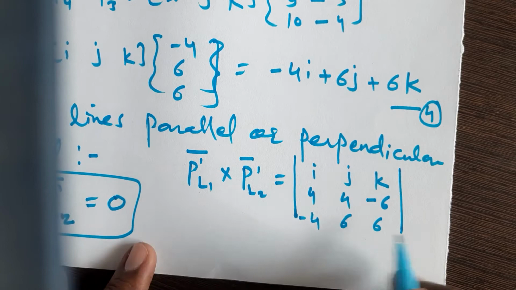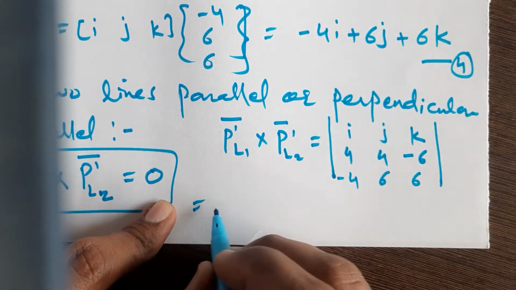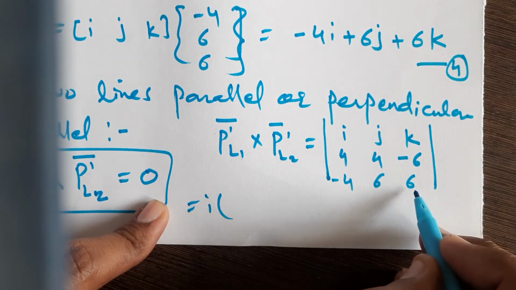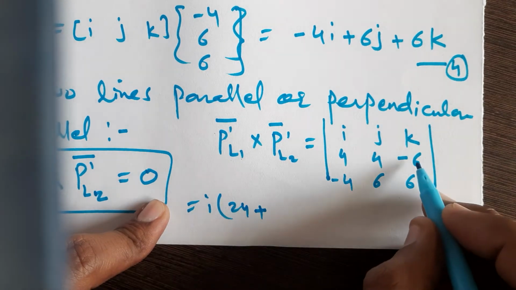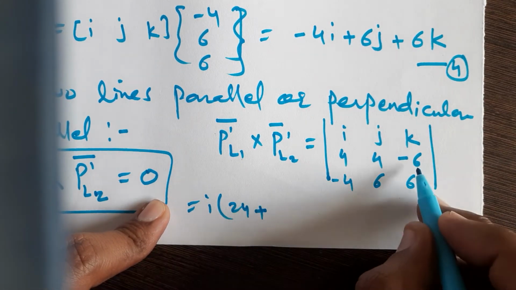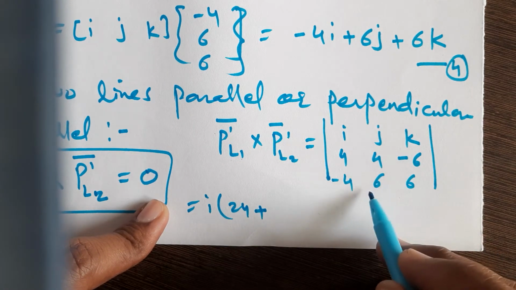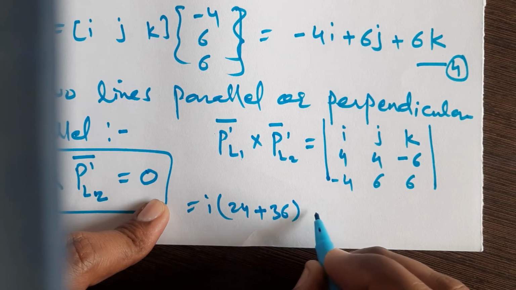Then you have to do the cross product, some calculations. So I in bracket: 4 into 6 is 24, plus, here minus and this minus will get plus, so minus 6 into 6 is minus 36, minus will get plus, so 36 will be there.